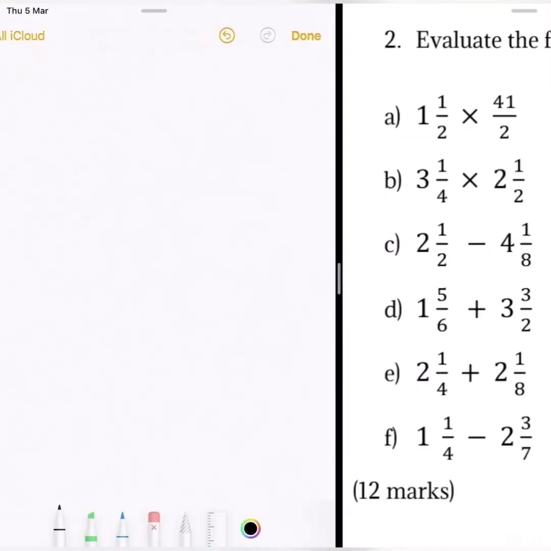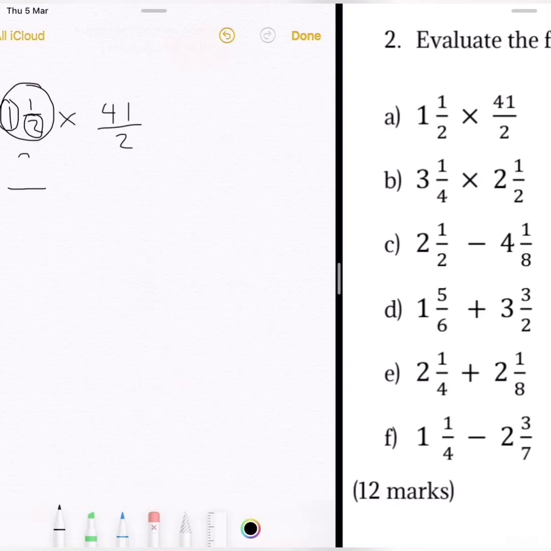So we're doing 1.5 times by 4 1/2. Now, before we can do anything, we must get this as an improper fraction. So to get that as an improper fraction, we do the whole number, so 1 times the denominator, which is 2, and we add the top.